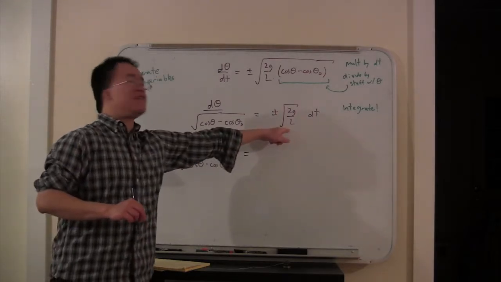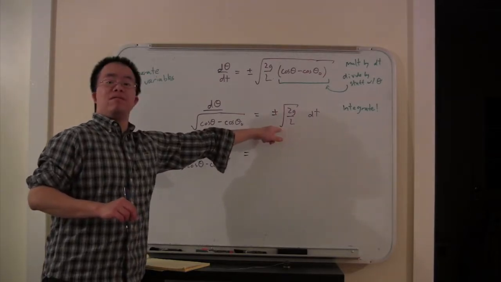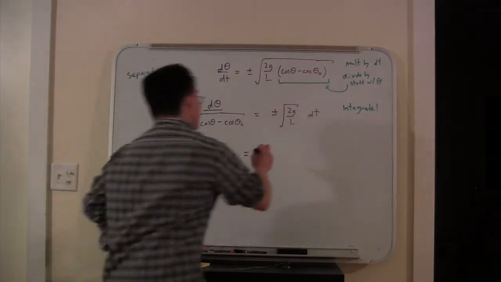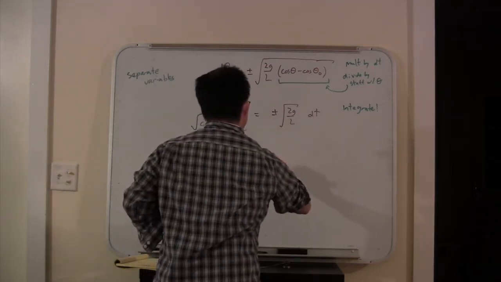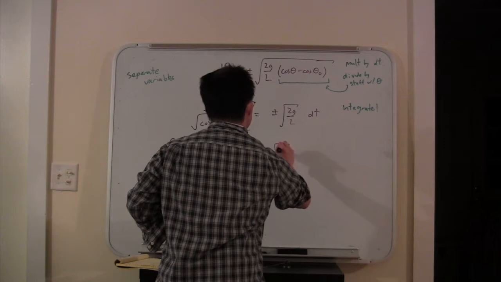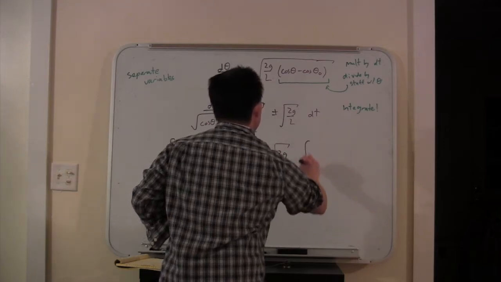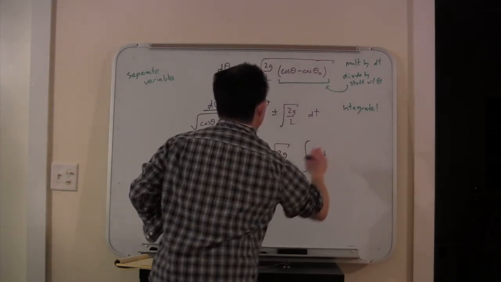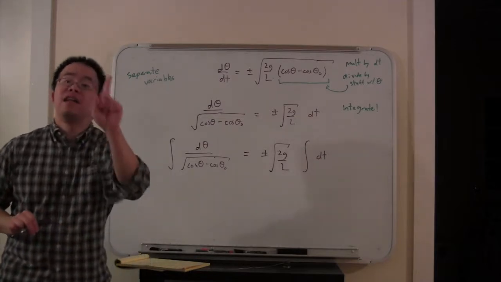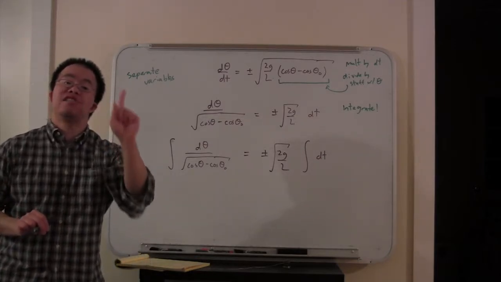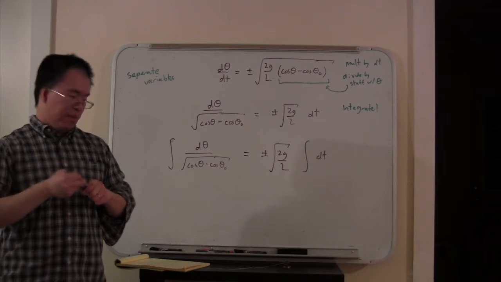I'm integrating with respect to t, but root 2g over L is a constant, so I can pull that out. So I end up with plus or minus root 2g over L, integral of dt, where I now have to assign consistent physical limits.